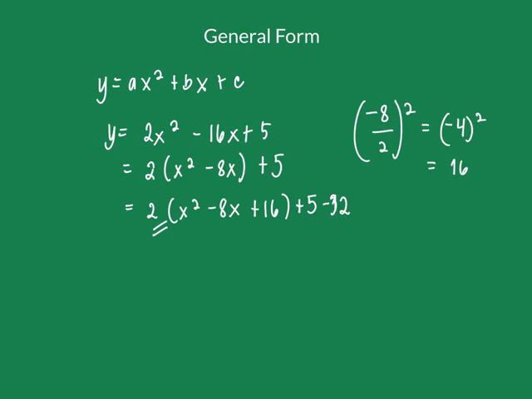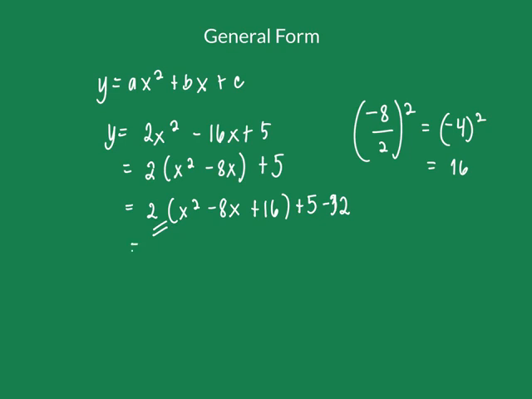So why do we have to subtract instead of add? Remember, we want to retain the original value or original form of the expression. So that means if we added a 16 times 2 or 32, we have to minus a 32 to make it a zero pair.